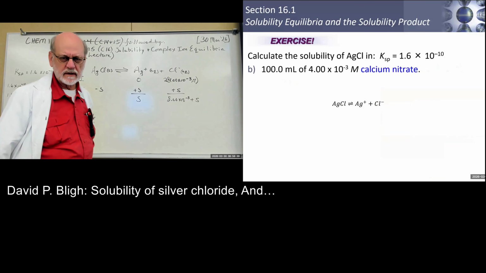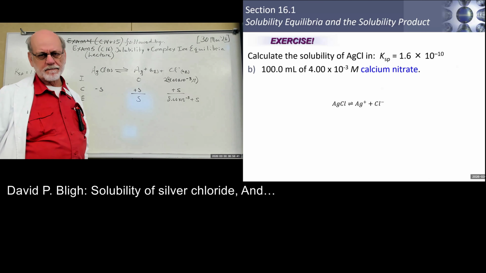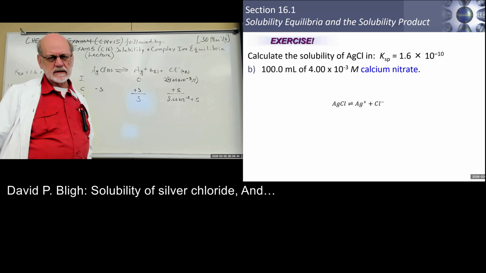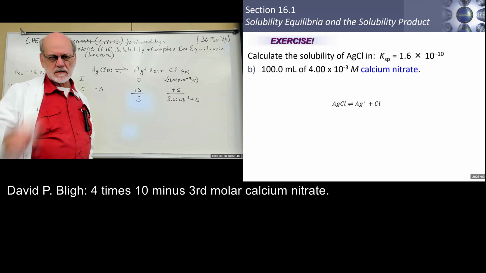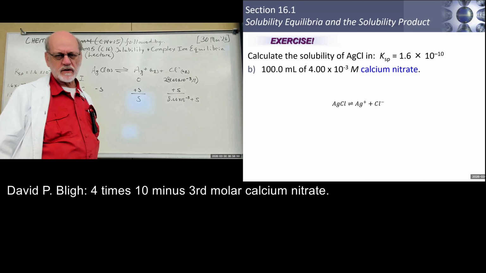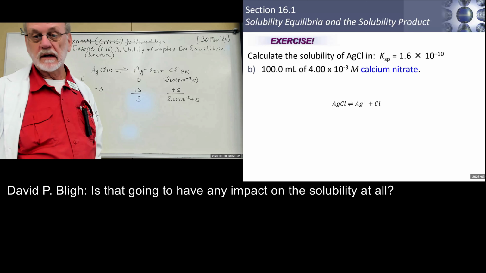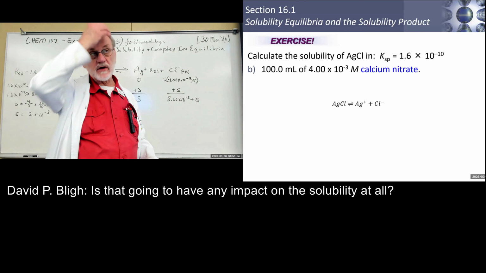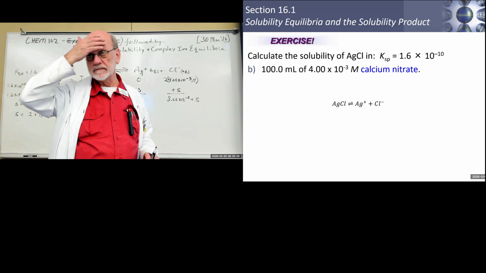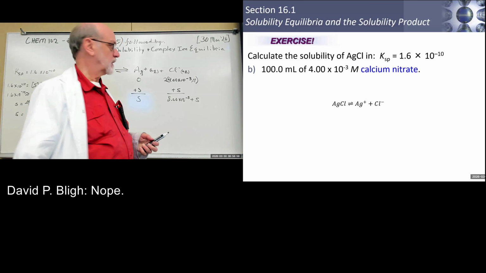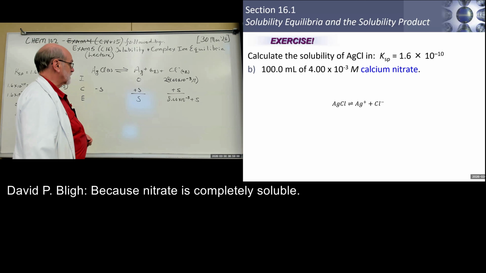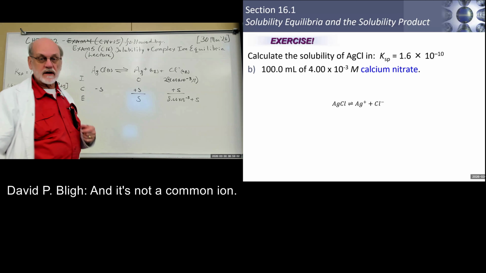All right, how about this one? Solubility of silver chloride in 4 times 10 to the minus third molar calcium nitrate. Is that going to have any impact on the solubility at all? No, because nitrate is completely soluble and it's not a common ion.